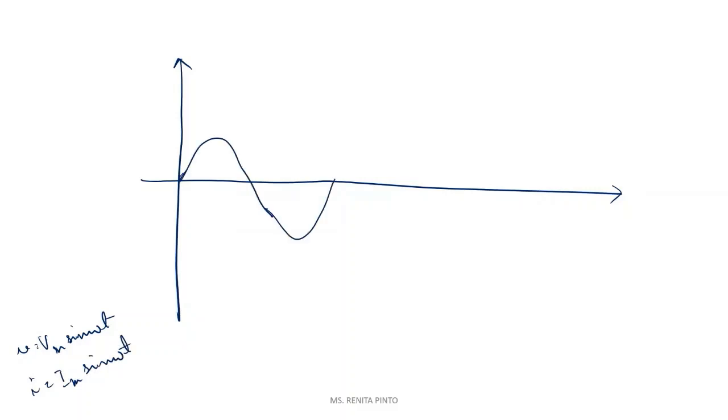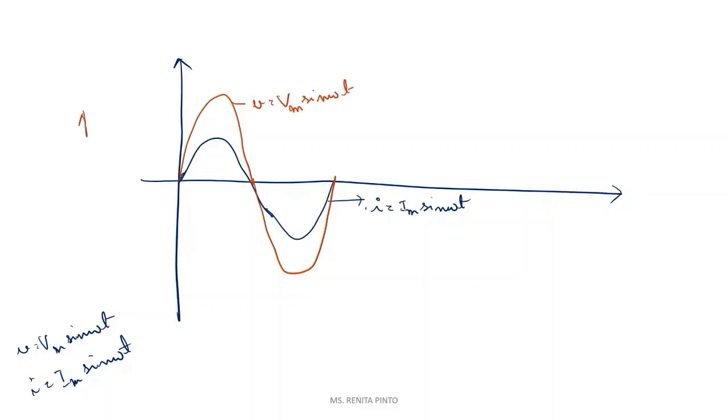So this is current I equal to Im sin omega t. If we draw another curve, this is V equal to Vm sin omega t. So V, I. Now I need to draw the power curve.